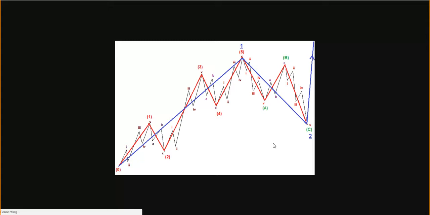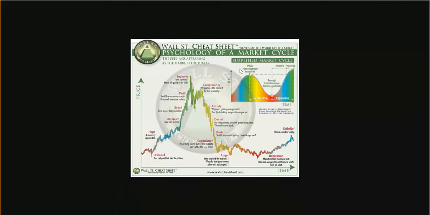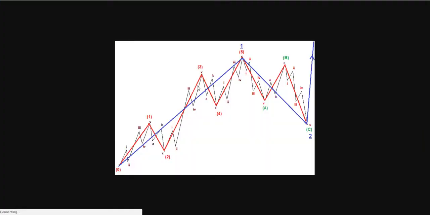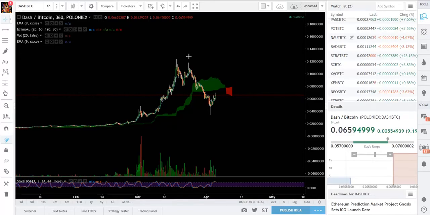Once we recognize that this is the same emotional structure playing out over and over again, manifesting through these waves, these impulses and retracements, we find that we can measure them with the Fibonacci tool, which really seems to make a lot of sense.